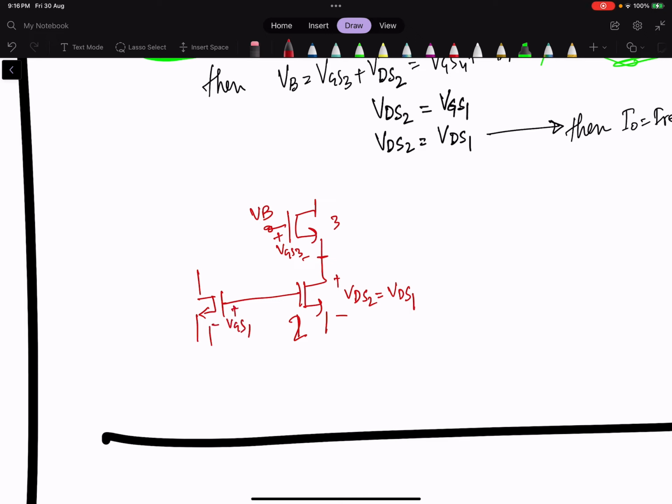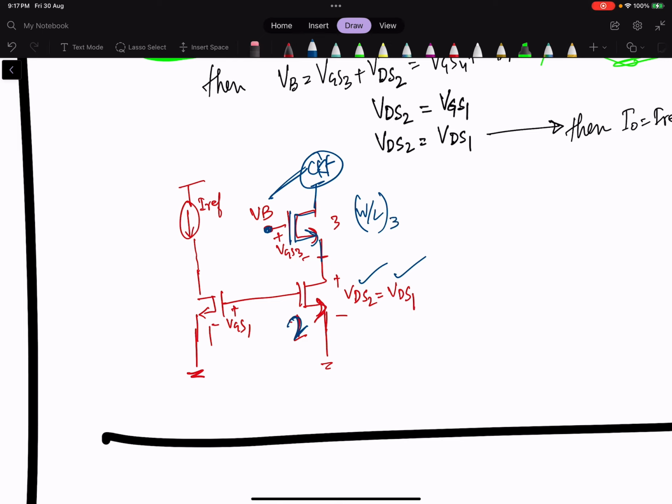I already mentioned it before, but this is how we make the circuit. The conclusion is, for VDS2 to be equal to VDS1, we have added the M3 connection between the circuit and M2. And W by L3 we know how to decide. Either W by L3 or VGS3, we should know what your requirement is.